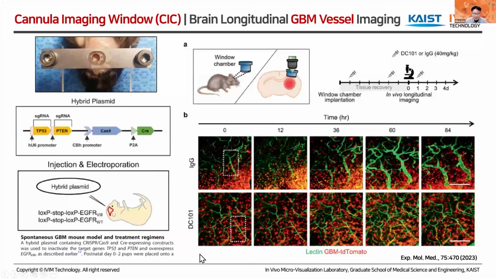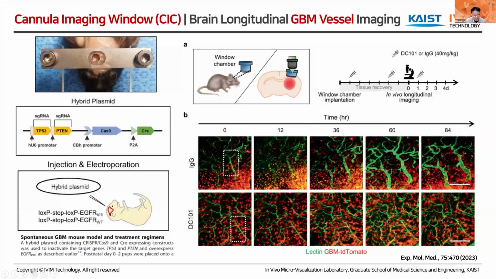Okay, so I'd like to introduce another example of using CIC to visualize GBM and the vascular changes over 3.5 days. This is also published work. In this particular example, we use a spontaneous GBM mouse model, which can turn off p53 and PTEN and overexpress EGFRvIII.